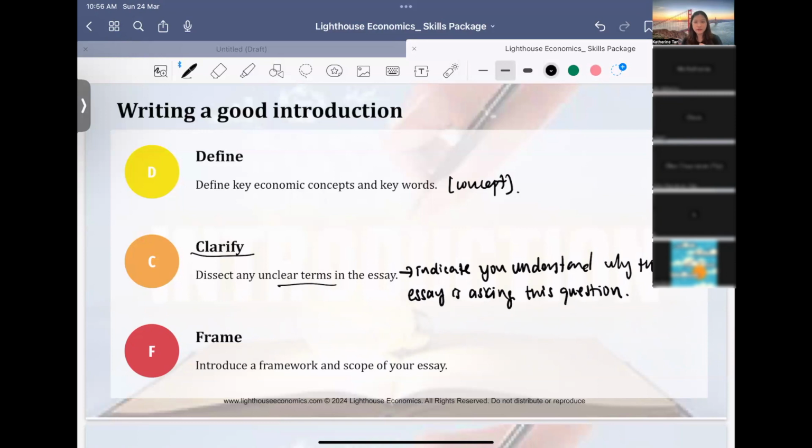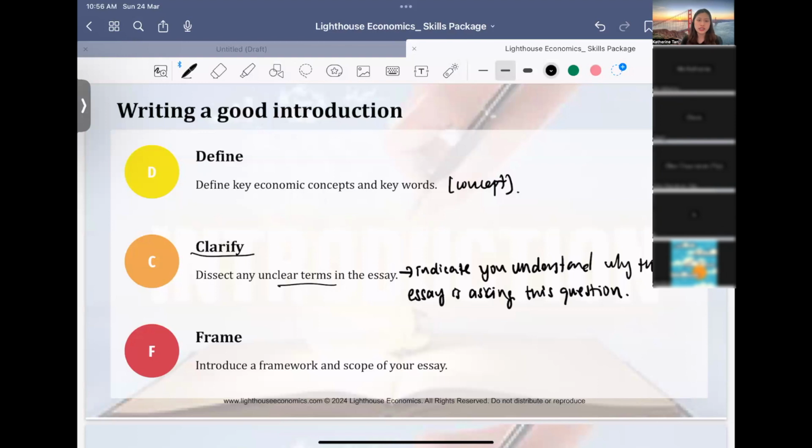Then how will your clarify look like? You need to understand why they are asking this question. Why they're asking is because there's actually a macroeconomic conflict between having low and stable inflation and high economic growth, because high economic growth leads to high inflation in general. So you need to clarify this kind of thing.